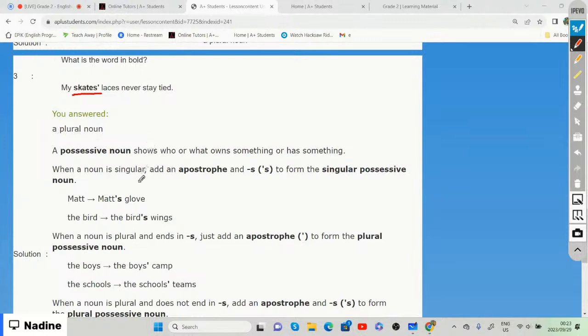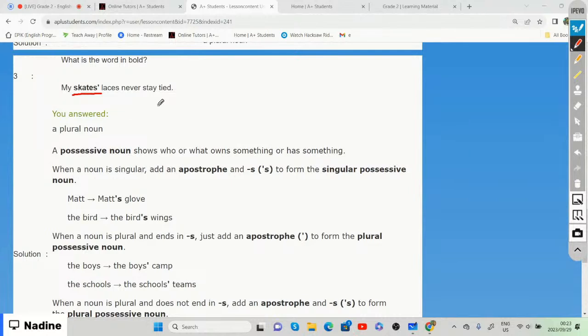So skates, remember we said that if we only add an apostrophe after a plural word, then it means that this is a plural possessive noun.